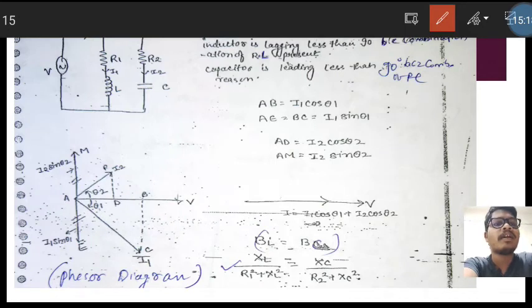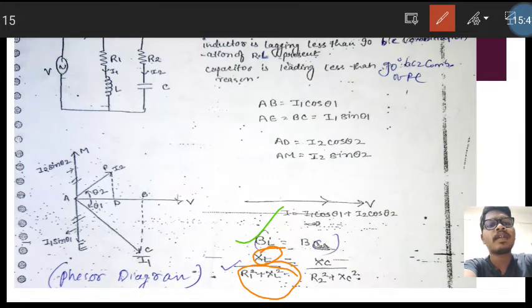We already know that BL is equal to BC, that is, the susceptance of the inductance is equal to the susceptance of the capacitance. BL is equal to XL divided by R1 square plus XL square, and BC is equal to XC divided by R2 square plus XC square. From previous lectures we have told you this.